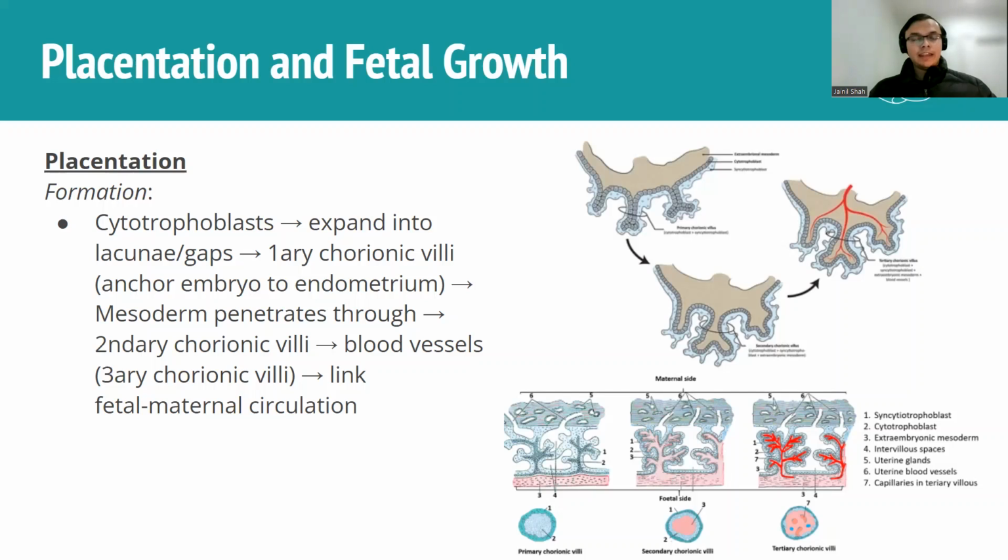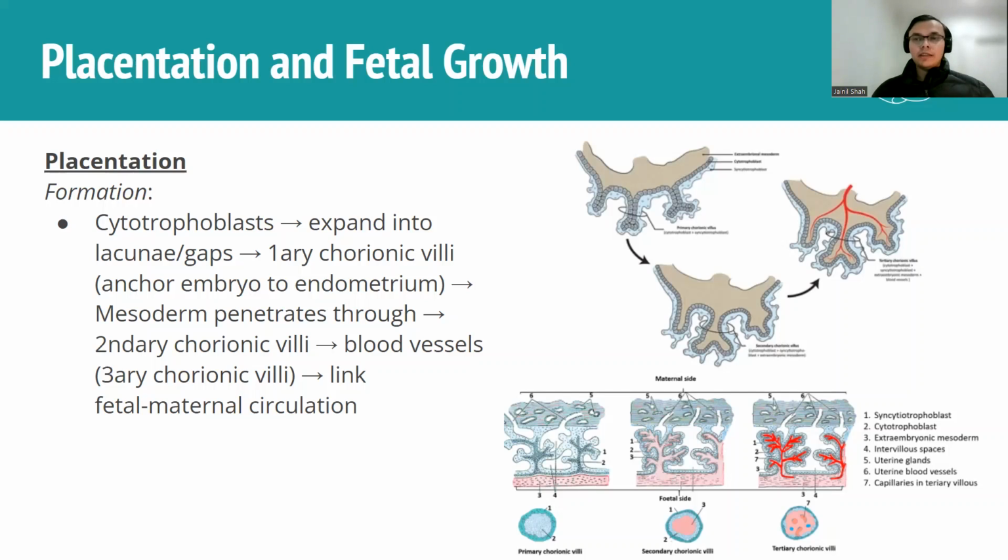So they form an initial anchoring structure, but then the mesoderm of the blastocyst penetrates through the primary chorionic villi and forms the secondary chorionic villi. So we get a secondary structure coming out of it. And you can have a look at the diagram as well and see how the structure of the villi slowly changes as the mesoderm invades through it.